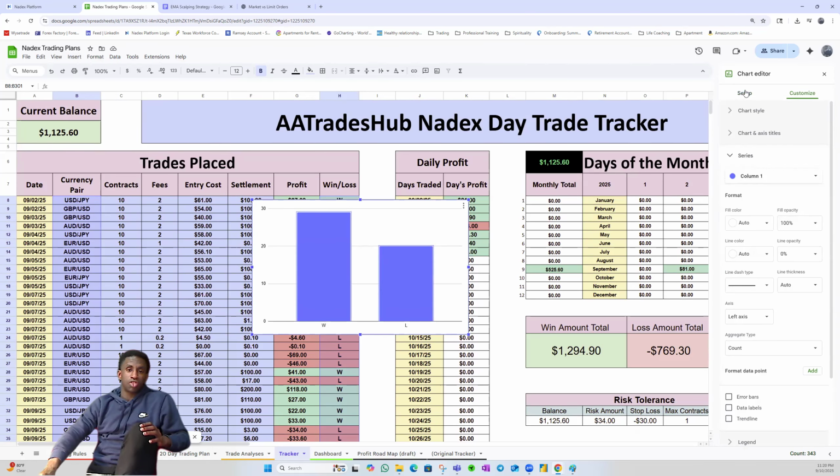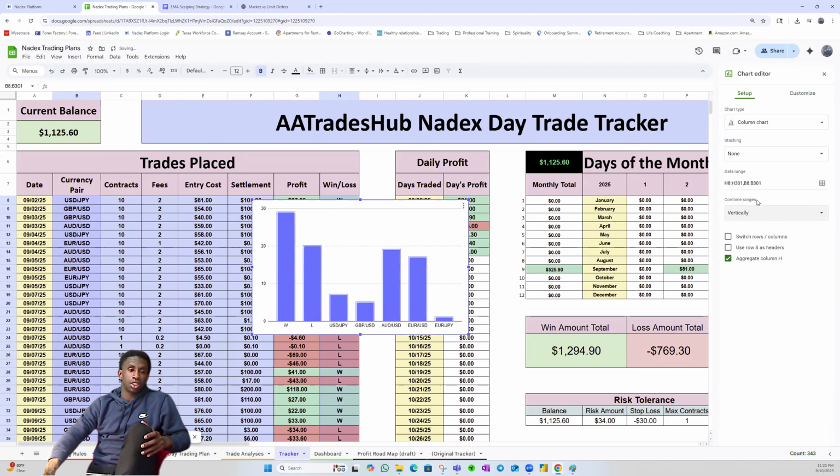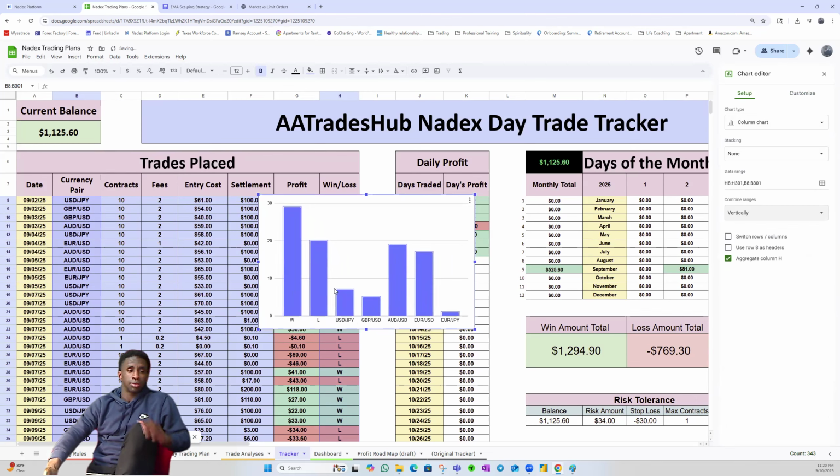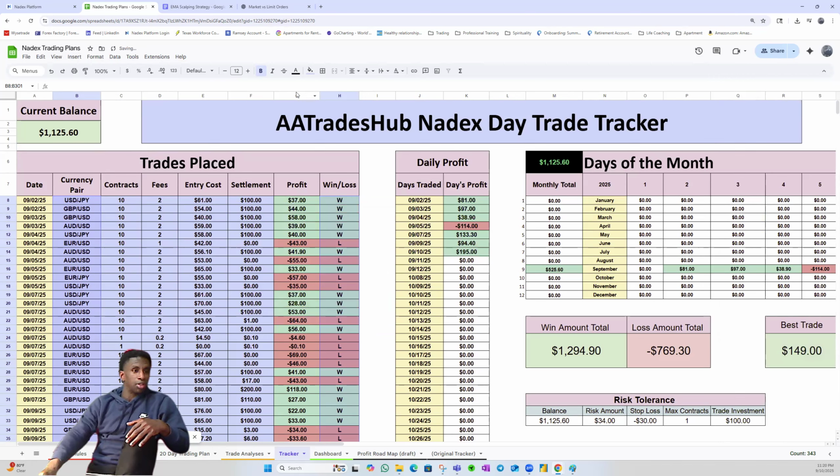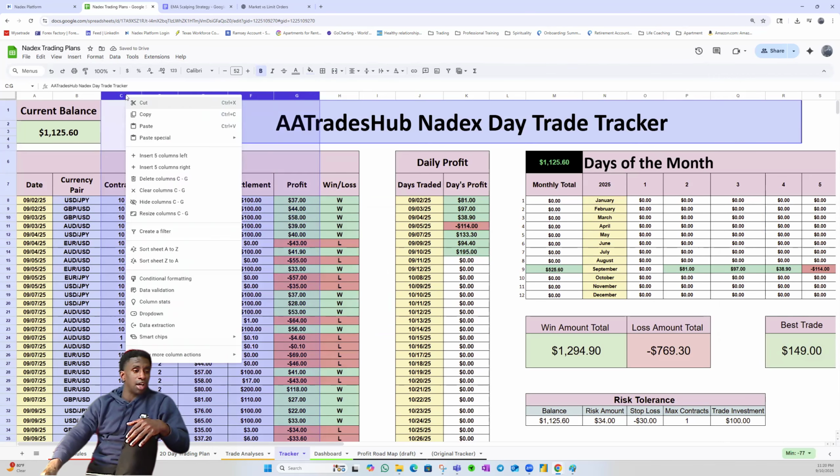No, not the wins versus the losses. I think maybe if I hide these columns for a second, I can do it.